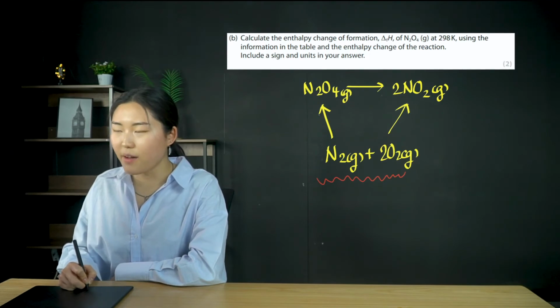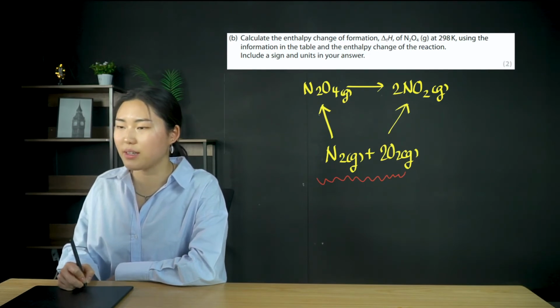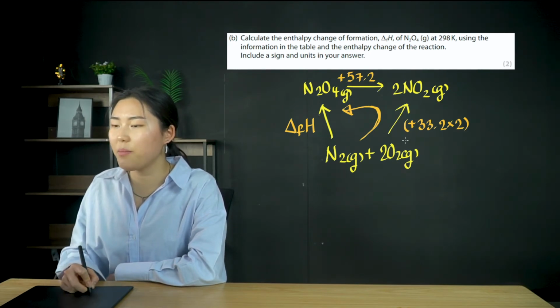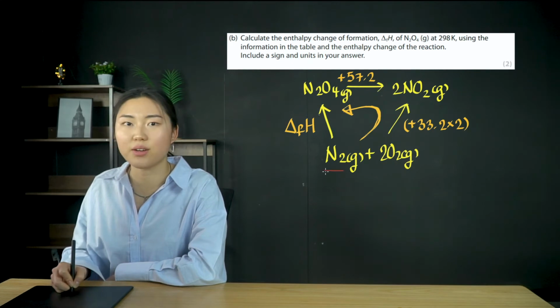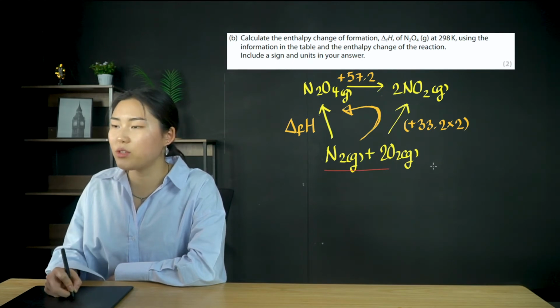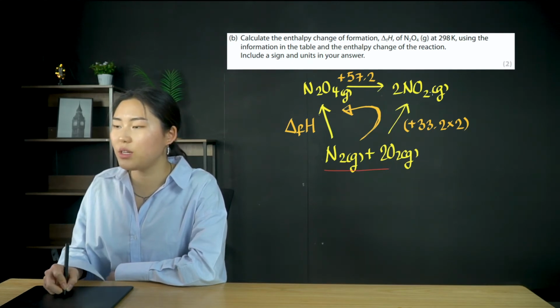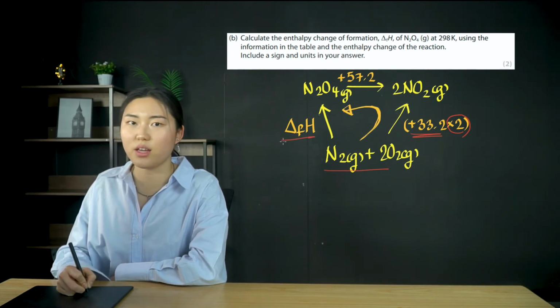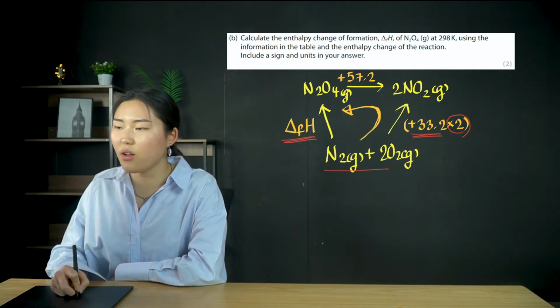After I've labeled everything, we have 57.2 going that way, and forming from our elements in their standard states, we're forming 2 NO2, so we need to times 2 the enthalpy change for formation of NO2. This is the value that we need to calculate, and this is the overall arrow going that way.